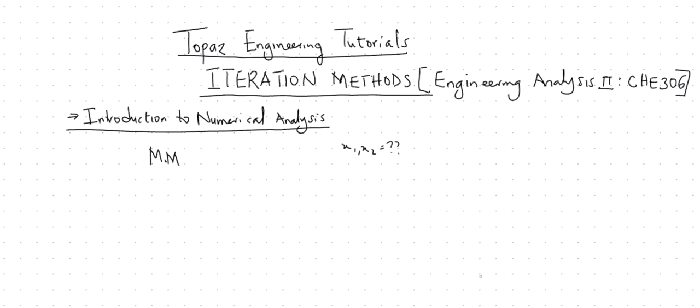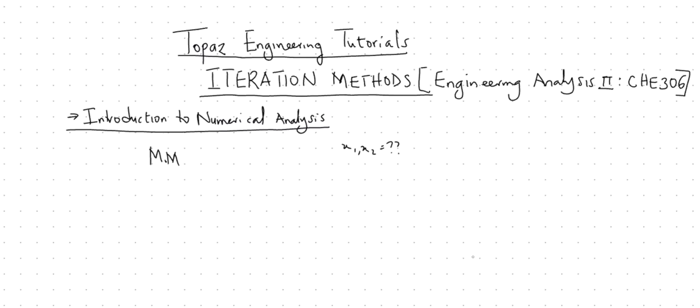When you have problems like that, most of the time we use numerical analysis to develop a particular pattern, or let's say a technique, to solve the problem such that we are going to have a solution, or let's say an approximate solution, to the mathematical model you had formed.